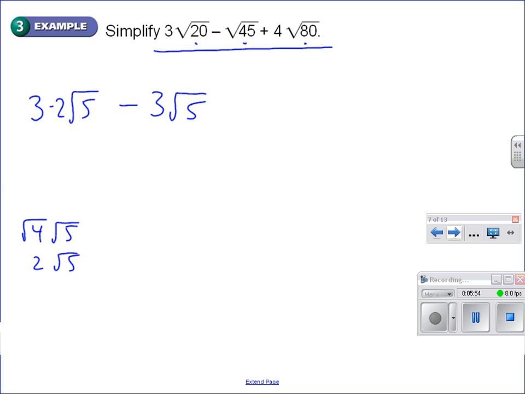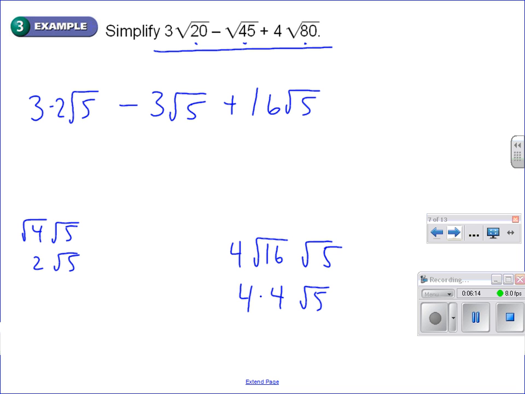And this breaks into, I'll go ahead and work this down here, 4. And square root of 80 breaks up into 16 and 5. So 4 times the square root of 16 is 4, square root of 5. So I get 16 square root of 5 there.